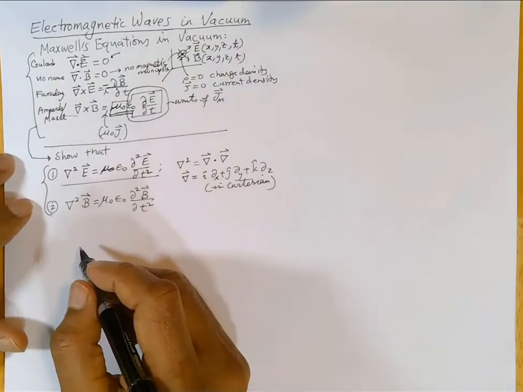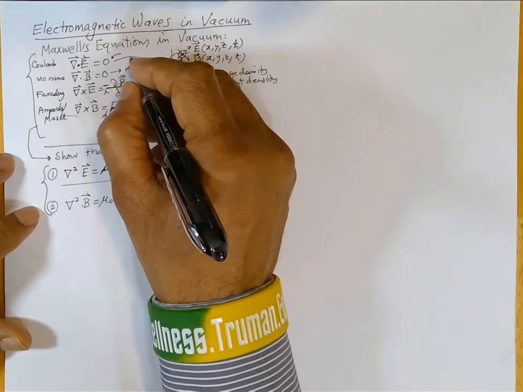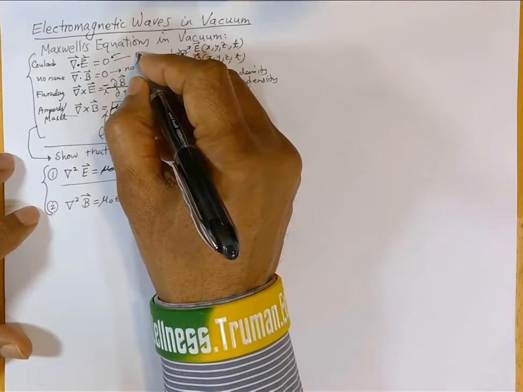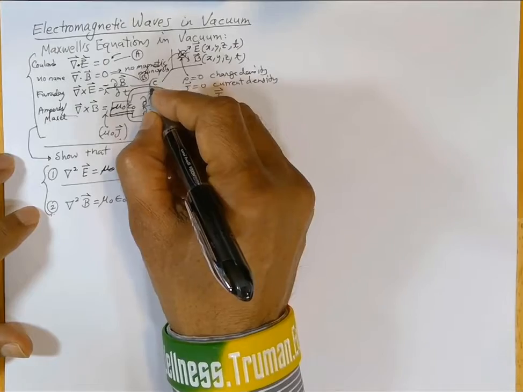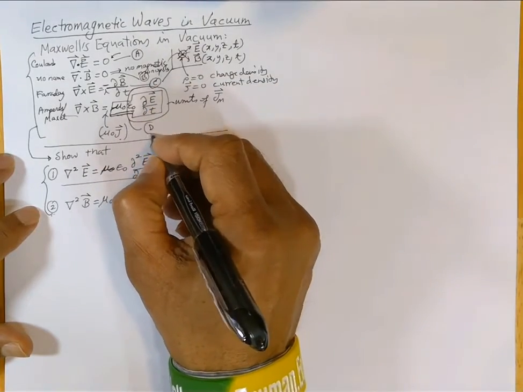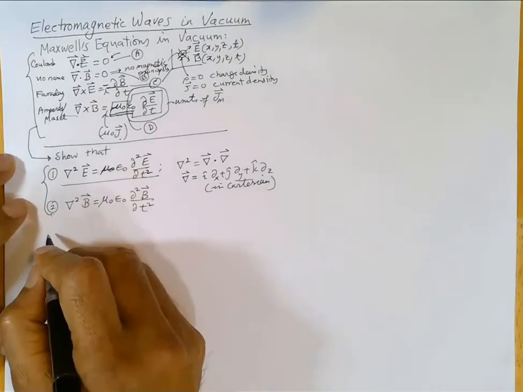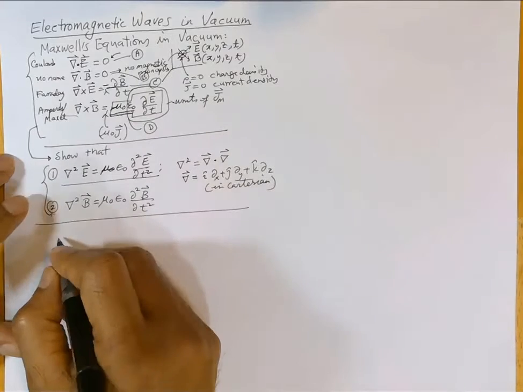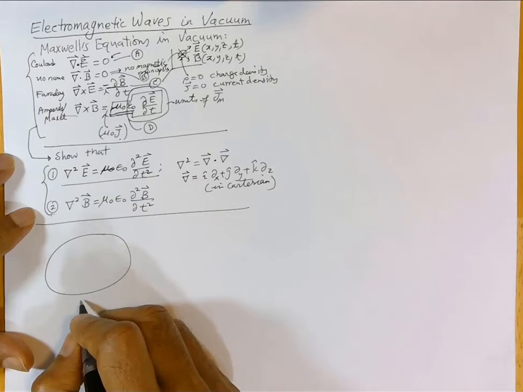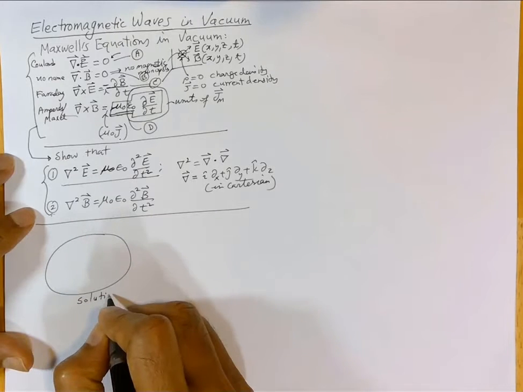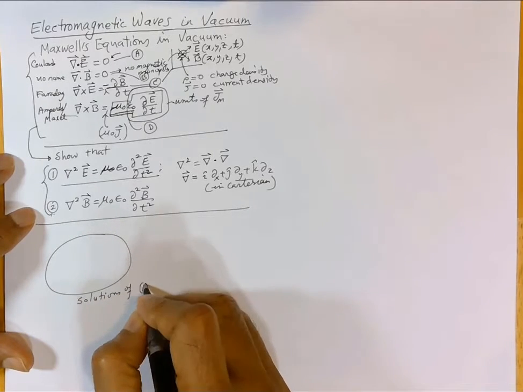So here is the upshot. Let's call those four equations A, B, C, D. So the strategy is this. You have solutions of 1 and 2.